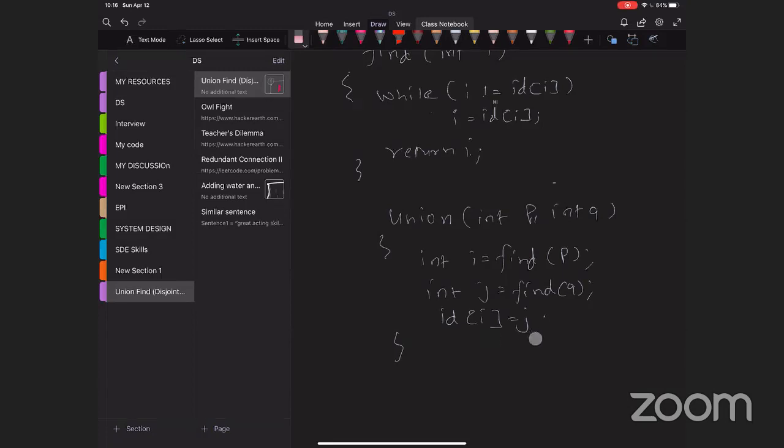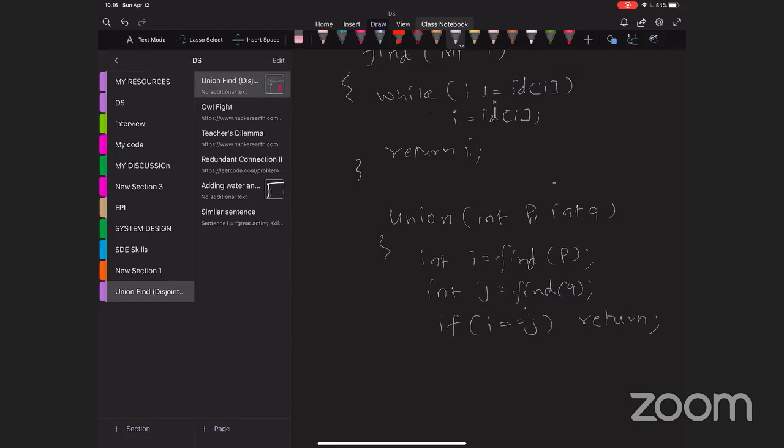Whenever we do union, let me write it in this example and it will be the same. When we do the find of both P and Q, if I is equal to J, we simply return. We don't do anything.